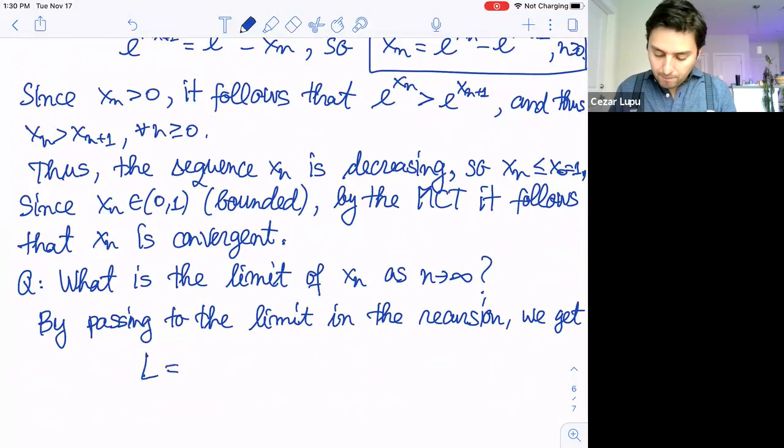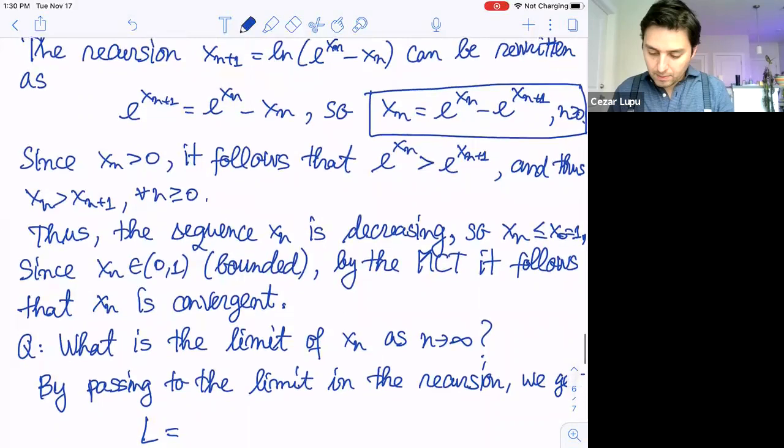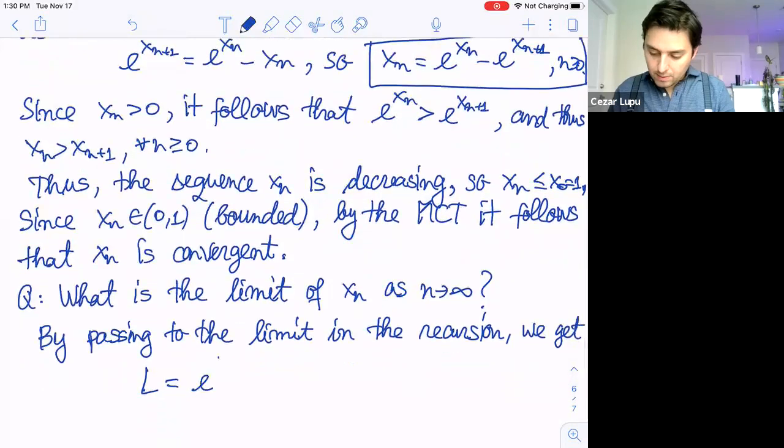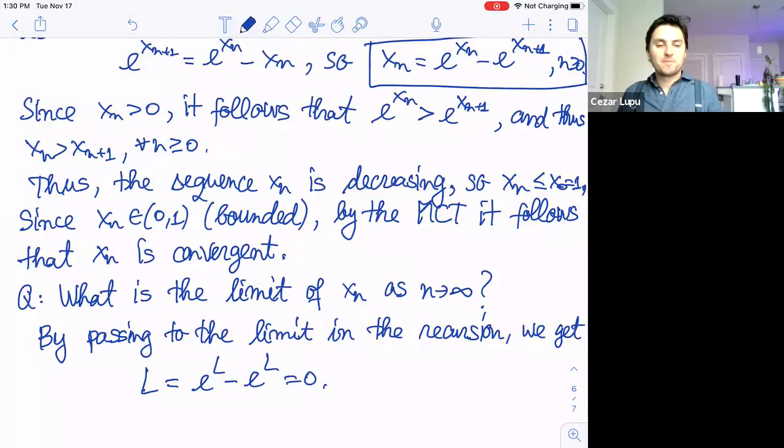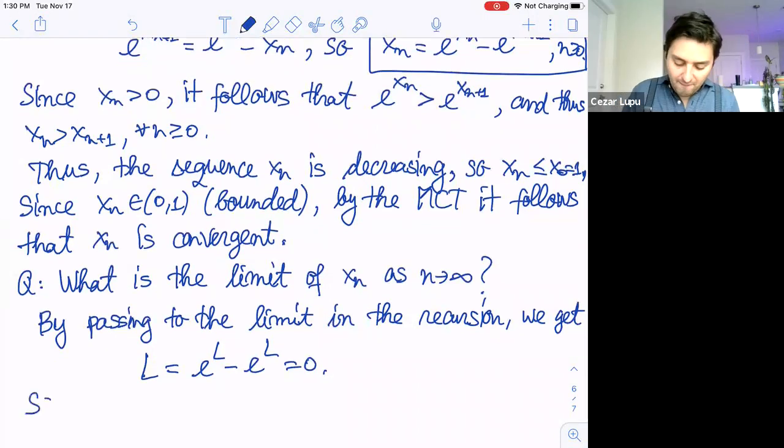Let's say L is e to the L minus e to the L, which is 0, right? And that's it. So the limit as n approaches infinity of xn is 0.